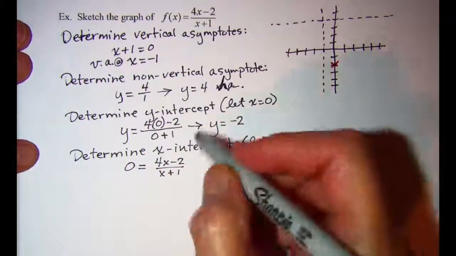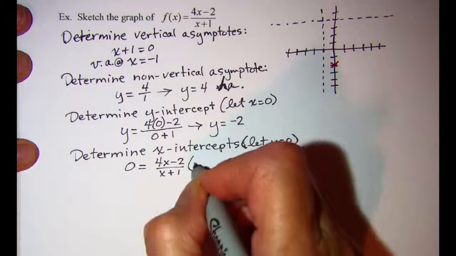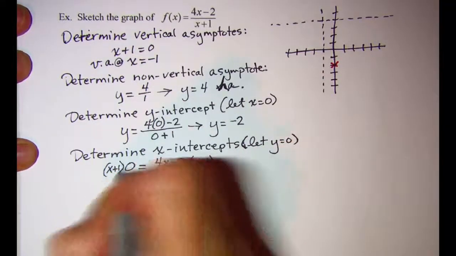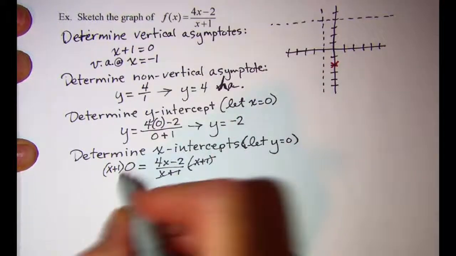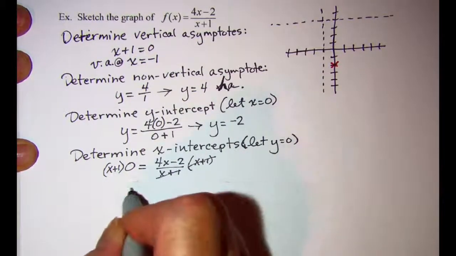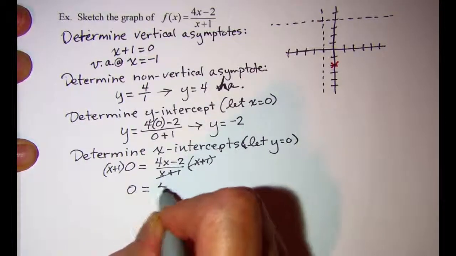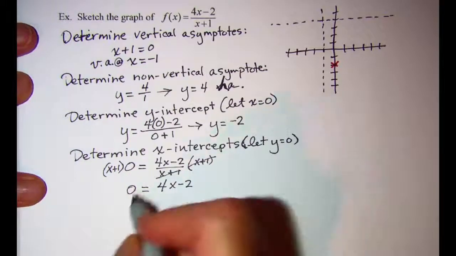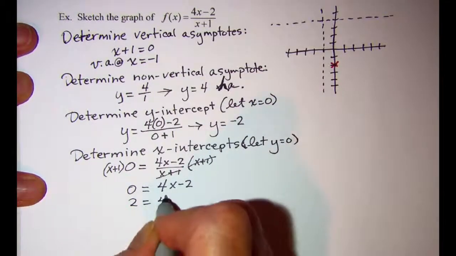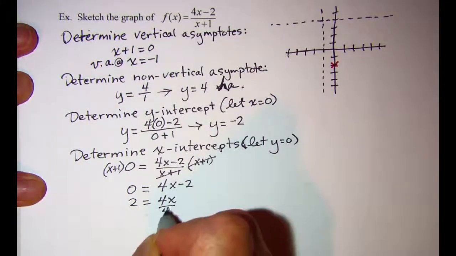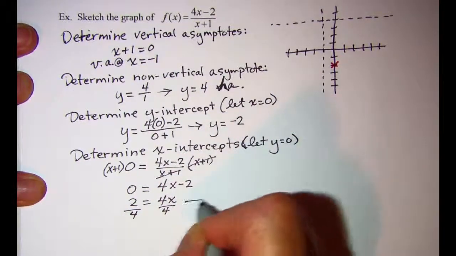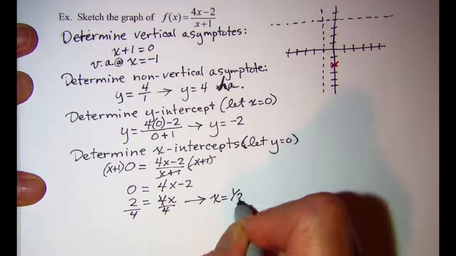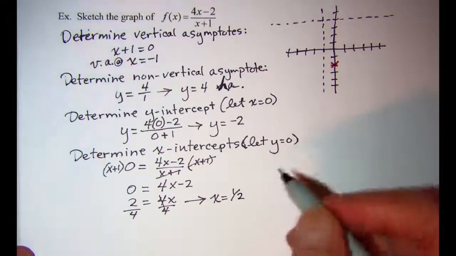We can get rid of the denominator here by multiplying both sides by x plus 1. So cancel. And anything times 0 is still 0. 4x minus 2. So we're going to solve for x, add 2 to both sides, and then divide by 4. So x equals 1/2 is our x-intercept.